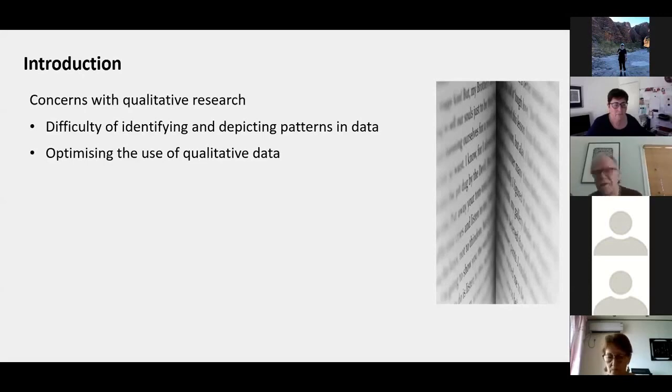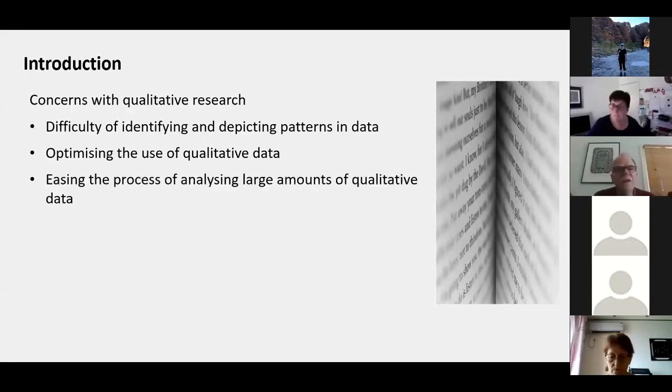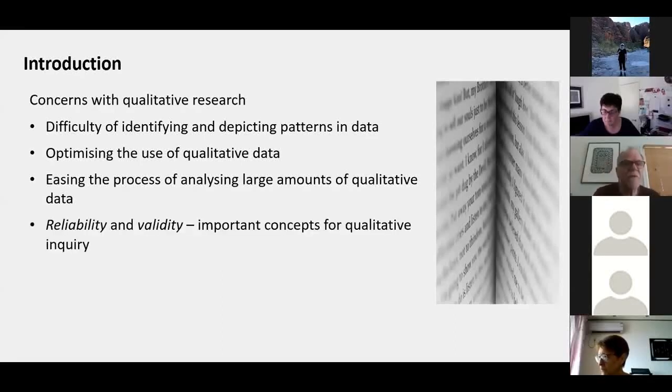I'm not necessarily opposed to their use, but they're not able to address some of the things that I want to do with the data, and also easing the process of analyzing large amounts of qualitative data. I think what we know is that you can hold about 11 things in your working memory at a time, and the convention when you're reporting research is to get things onto one table on one page. But when you have a whole range of qualitative data, it's often quite difficult to do that, so I'm trying to find ways of doing that.